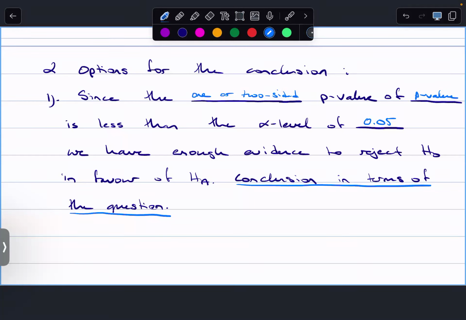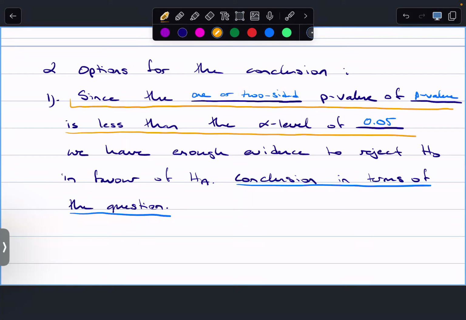Okay, before I copy this, I want to highlight that there are 3 chunks of the conclusion, right? And so just remember to cover all your bases. The first one is to compare your p-value to the alpha level. Is it less than or is it not less than 0.05, for example?